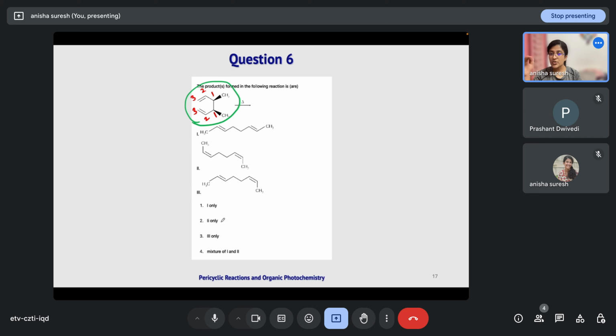Either 1 only, 2 only, 3 only, or mixture of 1 and 2. So please try to work it out and see what will be the product that is forming. I will give a couple of minutes. You can try it out.